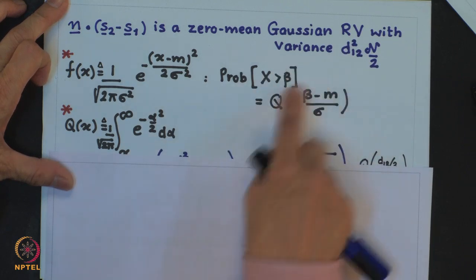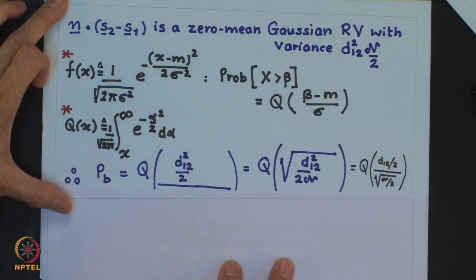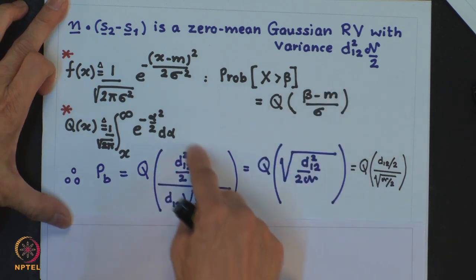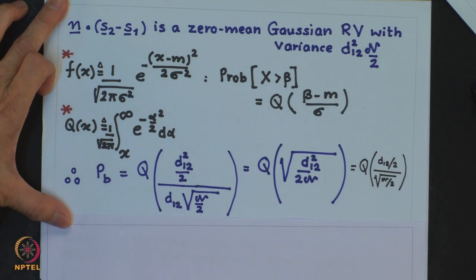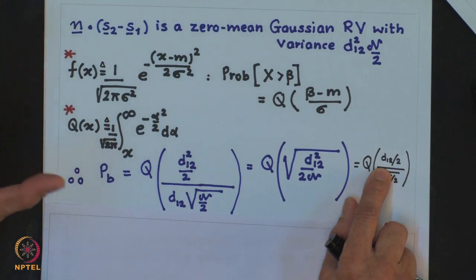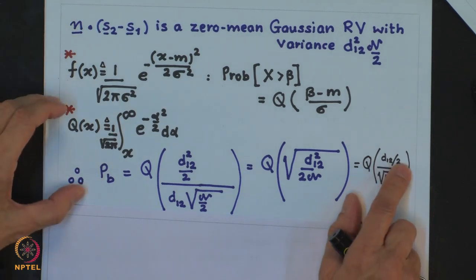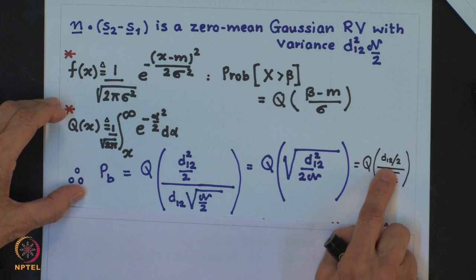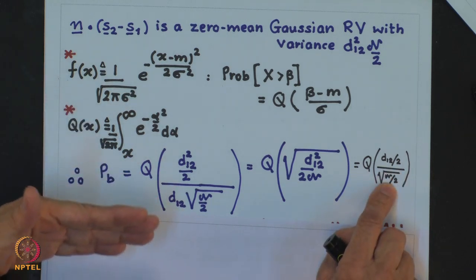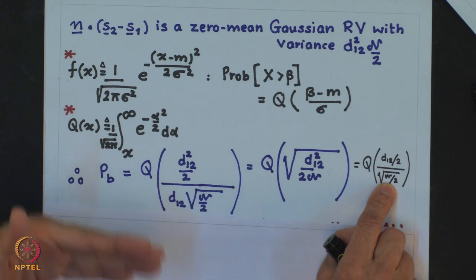And if we use this relationship out here, it is easy to see that the probability of error in this case would be equal to this quantity divided by the standard deviation of the noise, which I can rewrite as this. What this shows is that D12 is the distance between the signal points, and half of that is divided by the projection of the noise onto the unit vector, correct.